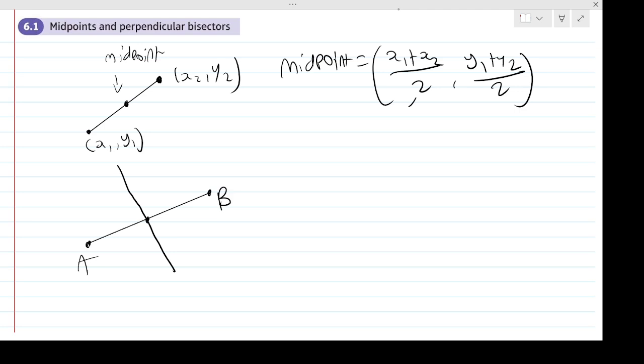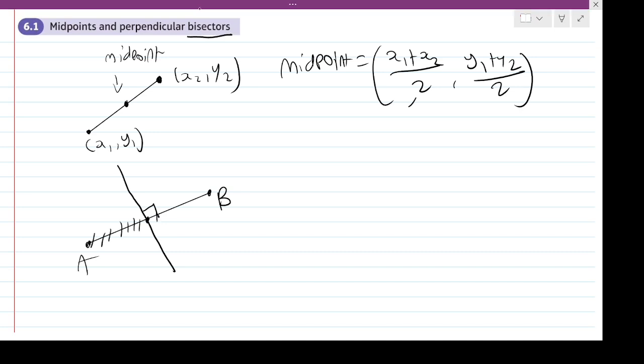What's special about this line is that it cuts through the middle, but also it's perpendicular, so it's at 90 degrees. The two lines are perpendicular. And what that also means is that this perpendicular bisector, it's kind of in the name, it bisects, which means it splits the left side of the line and the right side of the line equally far apart.